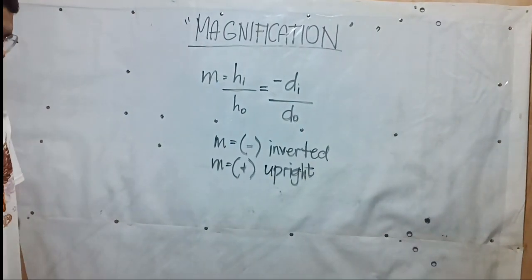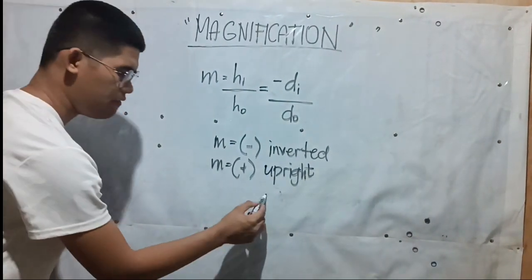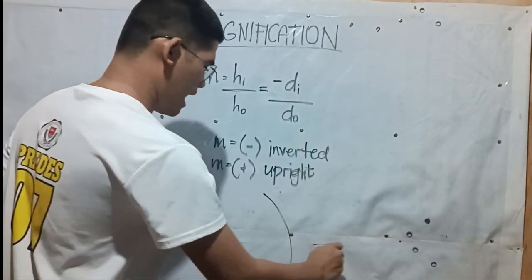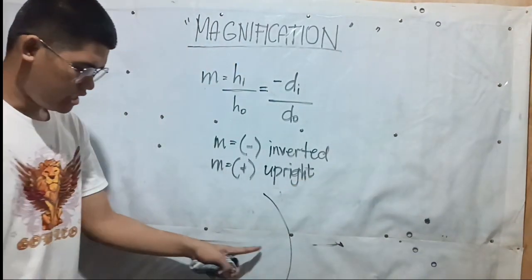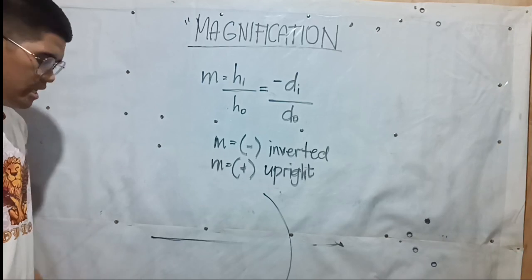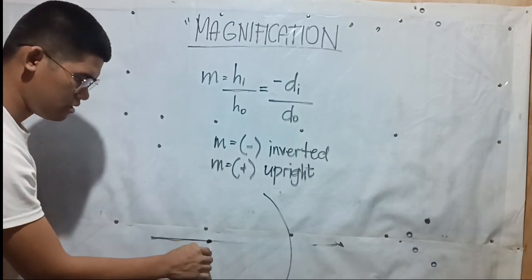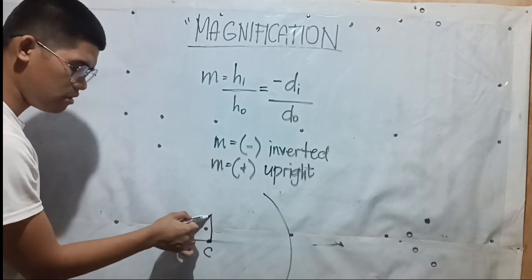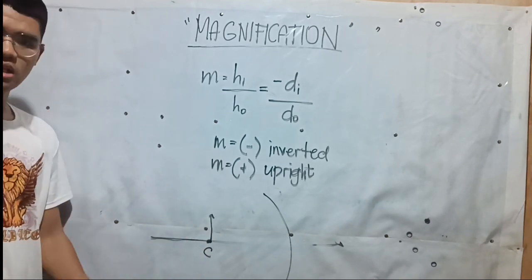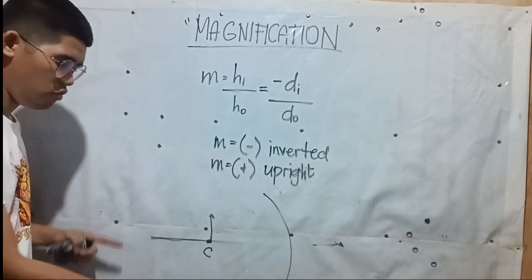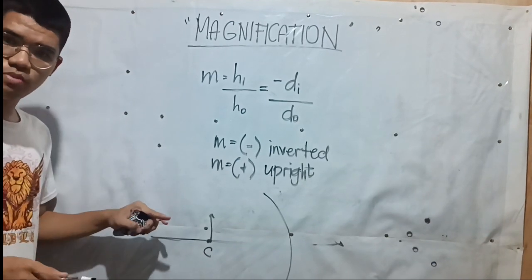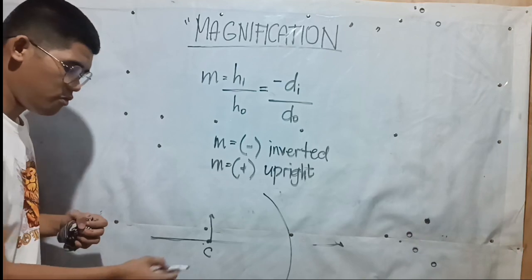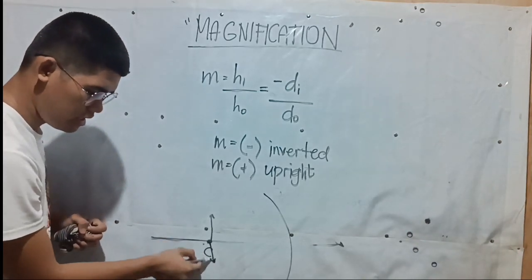So, in our past example, we have a concave mirror and our optic axis, and we have our center right here. The object is formed right above the center, and the image will be formed right beneath the center.